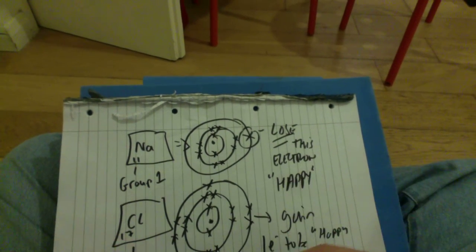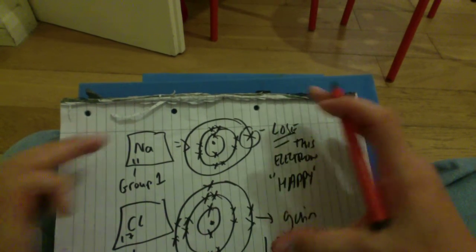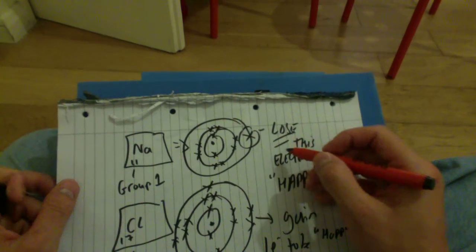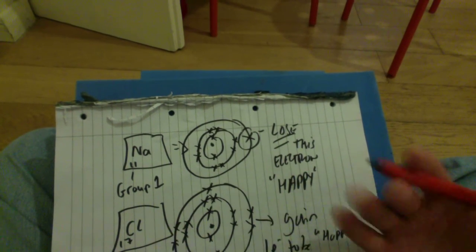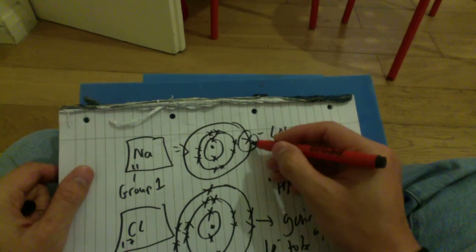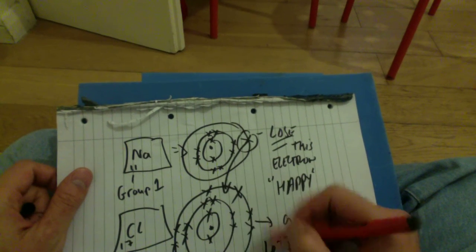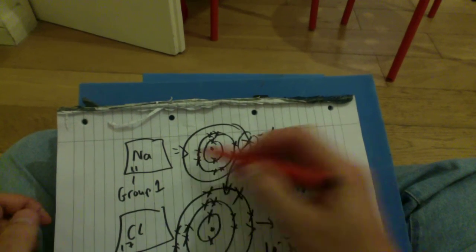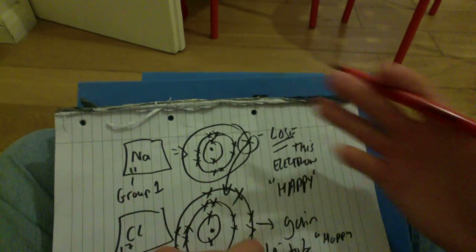Okay. Alright, so if you put them together, because there's such a big need from chlorine to get this electron, this transfers into this, so the sodium loses the electron and the chlorine gains an electron, and they both become happy.